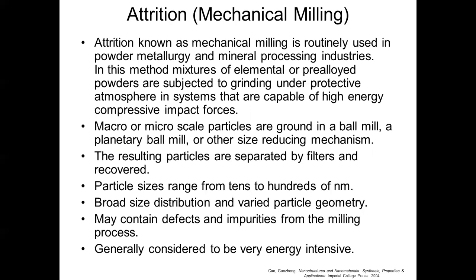So we could potentially get defects and impurities from the milling process, the media that's used to crush these particles together. And it's probably the number one thing when somebody walks up to me and says attrition to make nanoparticles, I would say that this is very energy intensive. So these generally take a long time to make, and they use quite a bit of energy. And again, just as a relative discussion of attrition, why would we use attrition?